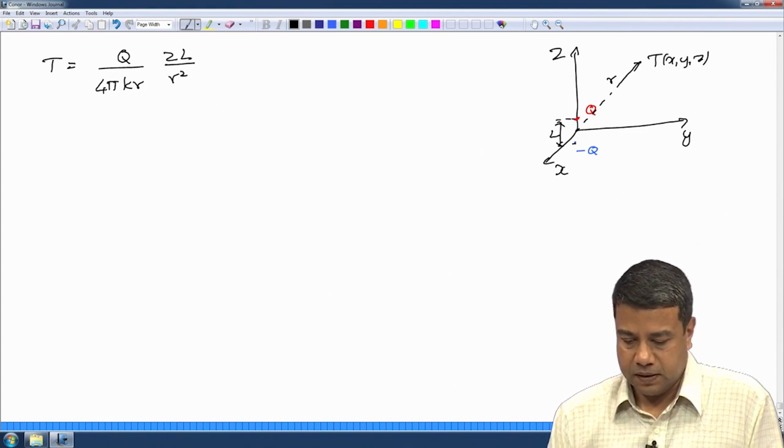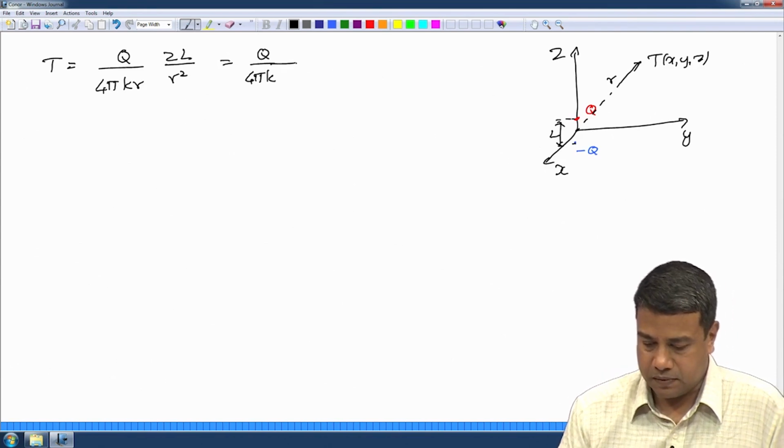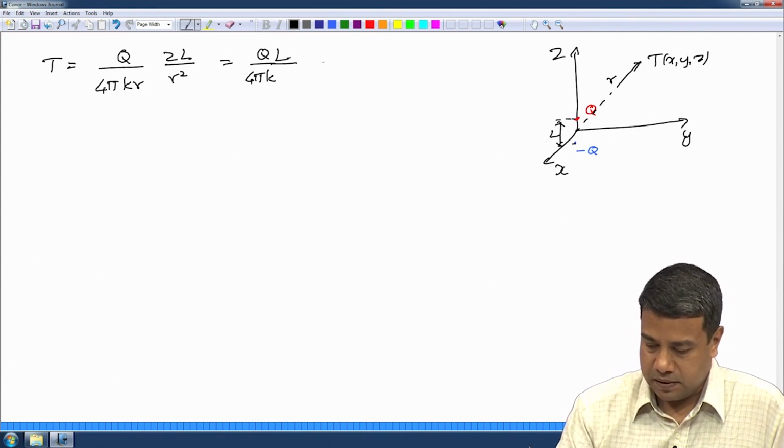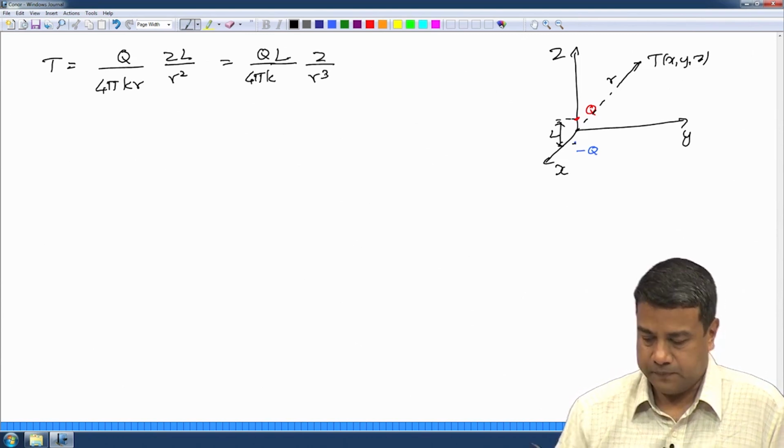I can write this as q by 4 pi k into L into Z by r cubed.